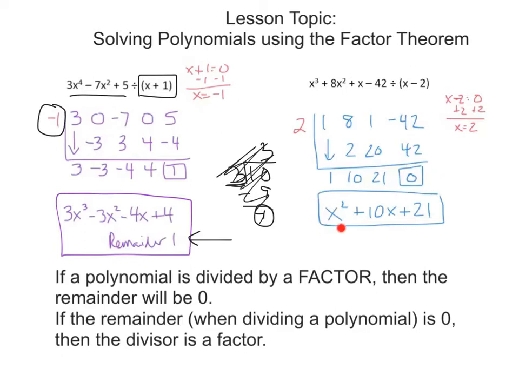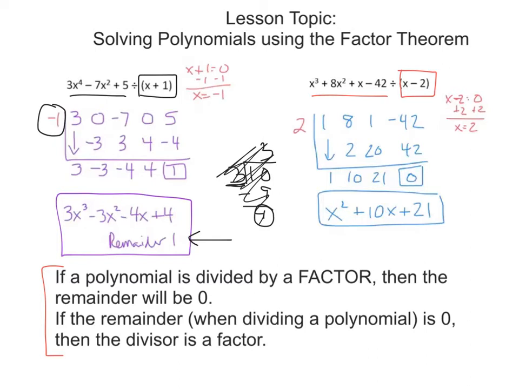And if our remainder is 0, that means that this 2 here divided into that evenly, which means that x minus 2 right here is a factor of this polynomial. So if we were to factor this polynomial using our factoring methods, we would find x minus 2 to be one of our factors.